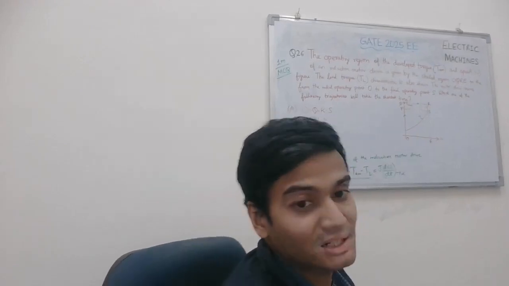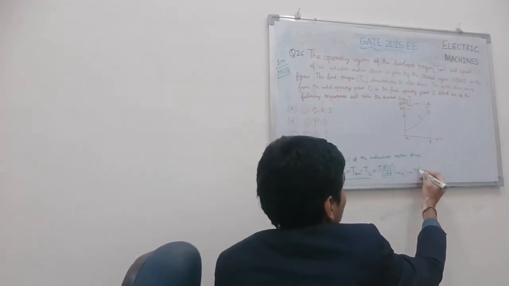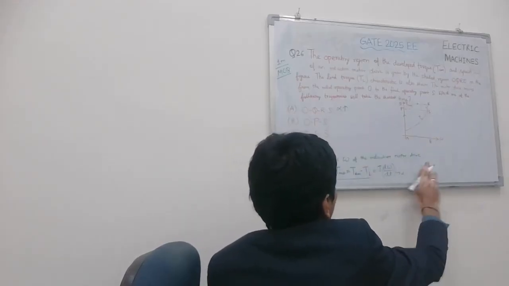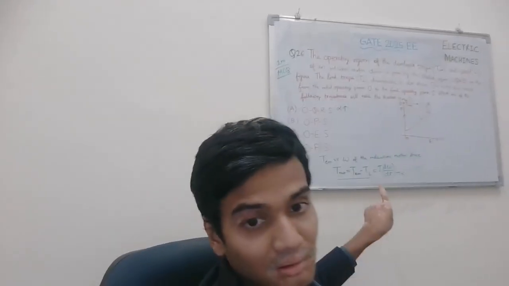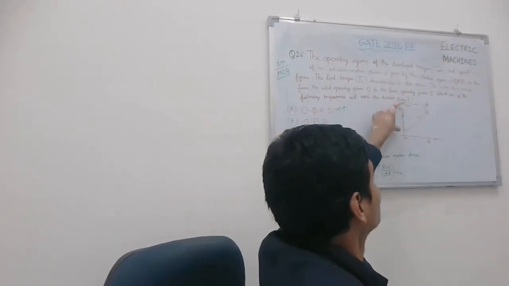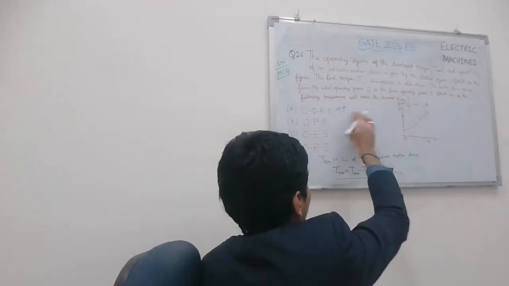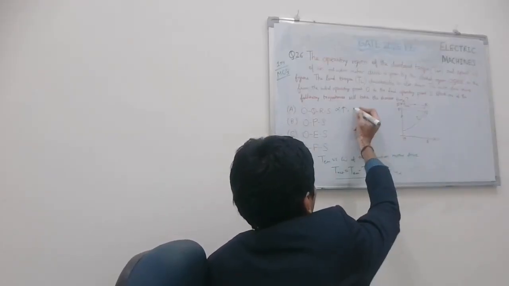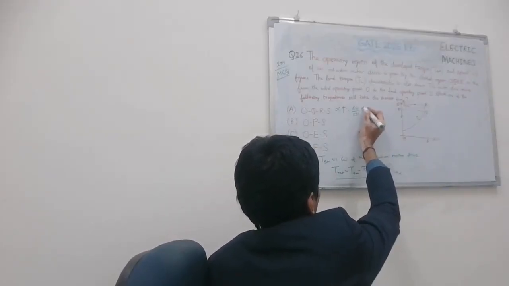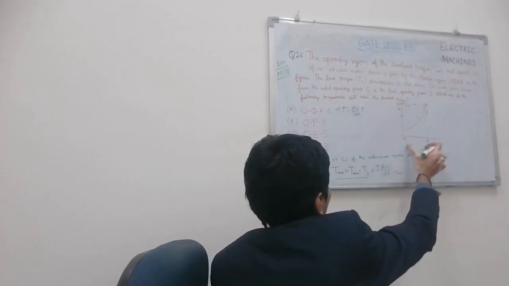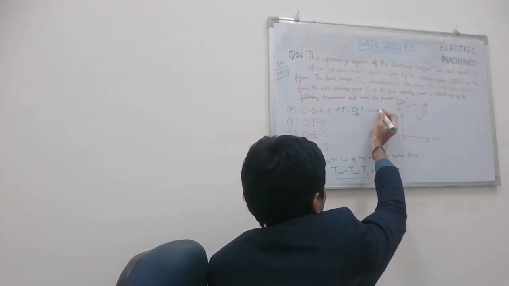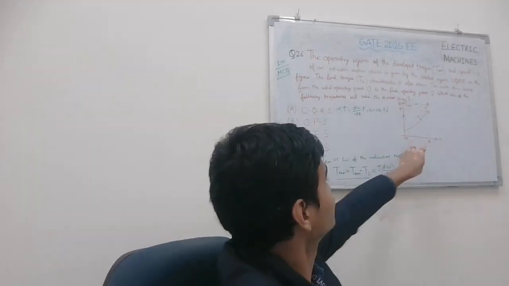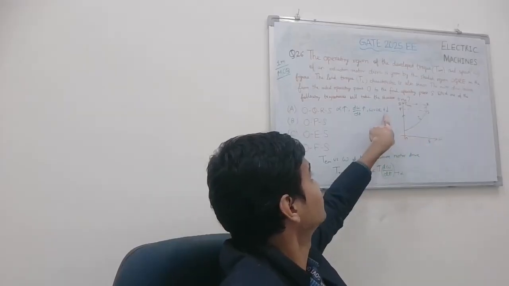You can see that the motor accelerates very fast. The net torque is large, so alpha is higher, and the motor accelerates quickly. So the time taken to achieve speed is less.